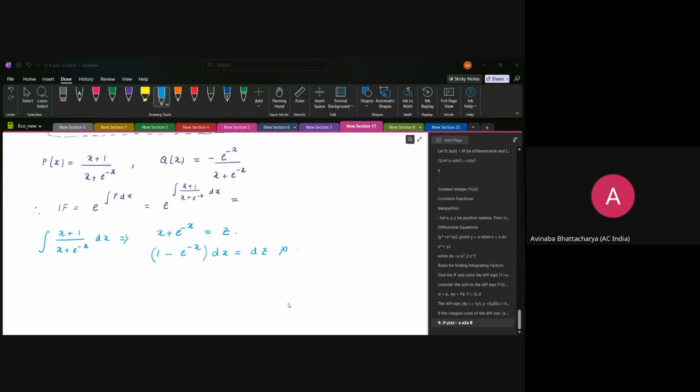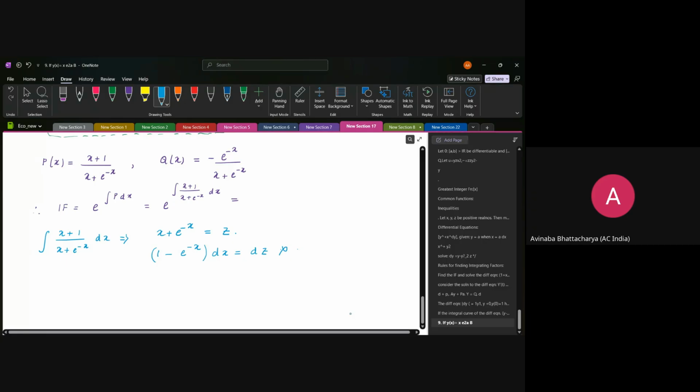So e to the power minus x equals 1 by e to the power x. Then it will come as, in the denominator, x into e to the power x plus 1. That's the same thing, right, that we just did. And the e to the power x will nullify.